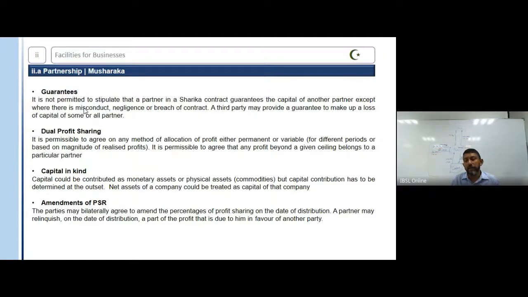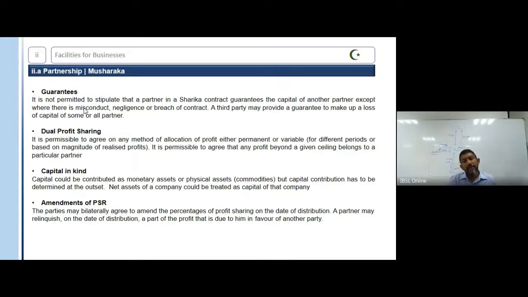The bank has an expected rate on a particular funding. As long as the bank gets that rate, it's not interested in any windfall profits of the customer. So in order to maintain the relationship, the bank will give back anything beyond its expected return as profits to the customer. That's the general practice in Islamic banking.